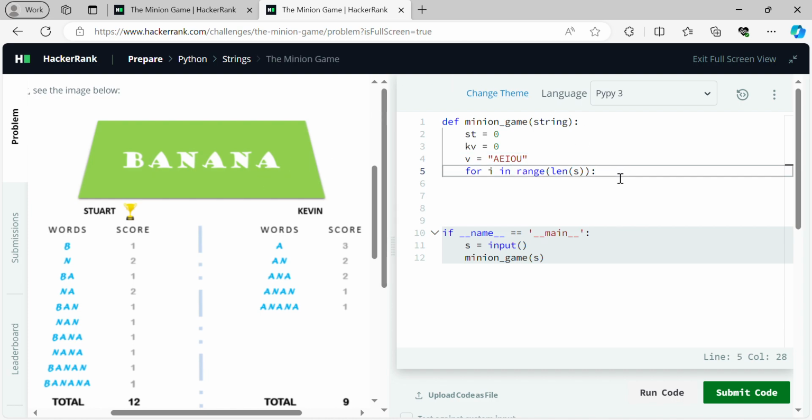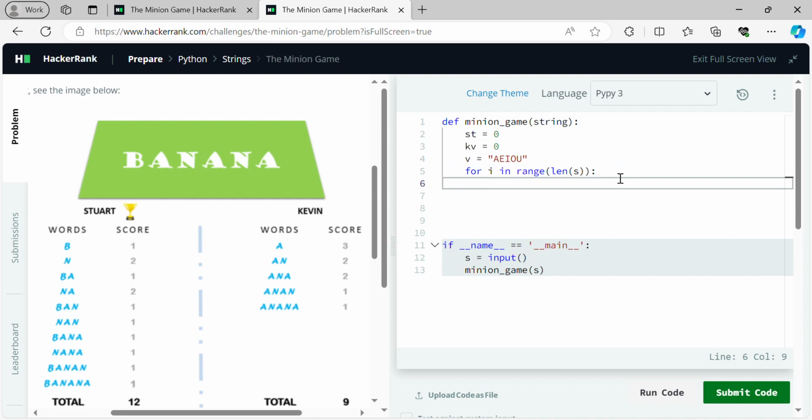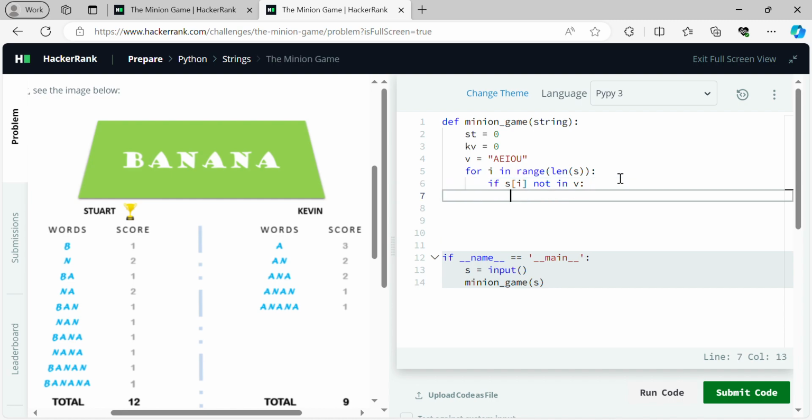Coming to the next line, I will use the condition if s[i] not in v. So s means the string we are reading, banana, and s[i] means the i from the loop, for i in range(len(s)).